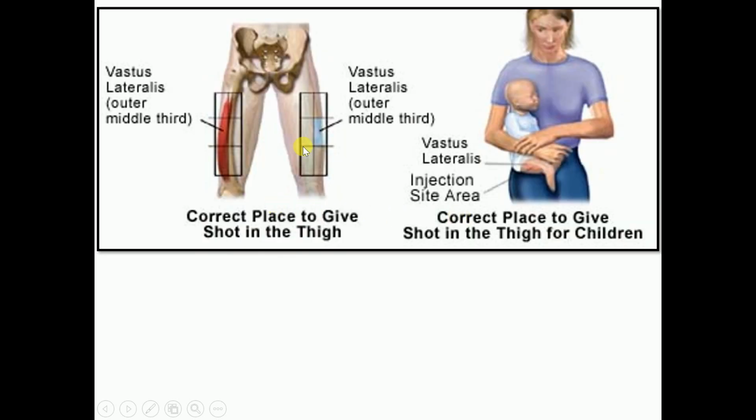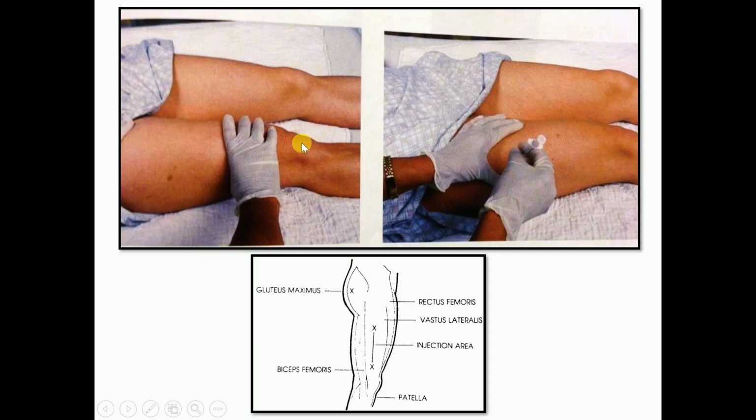In case of vastus lateralis intramuscular injection, particularly in children, the correct place to give the shot in the thigh for children is in this way. The vastus lateralis on the lateral aspect can be used, particularly in children.